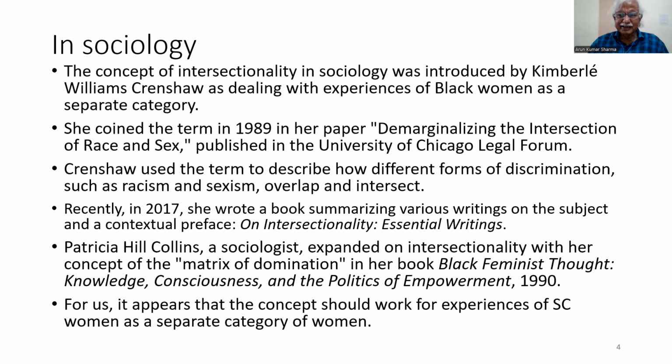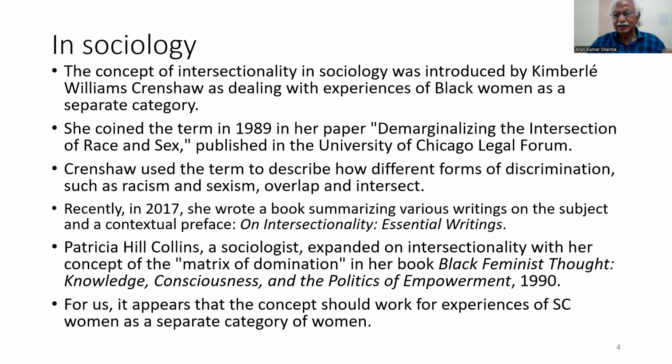It developed a new concept to look at marginal communities. And this paper suggested how forms of discrimination such as racism and sexism overlap and intersect, and how there is a need to consider specific conditions of Black women.